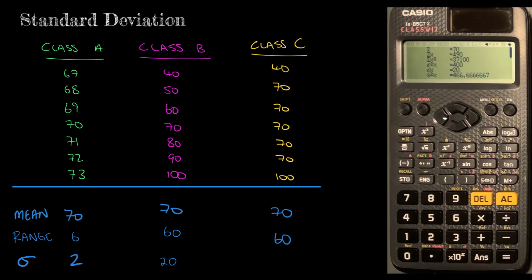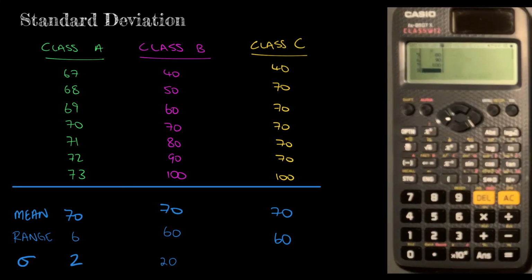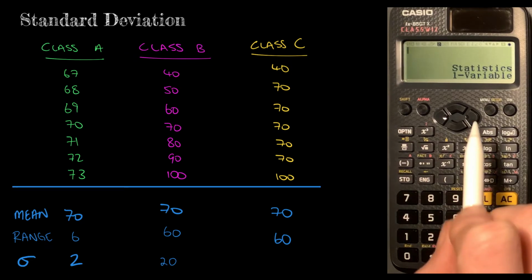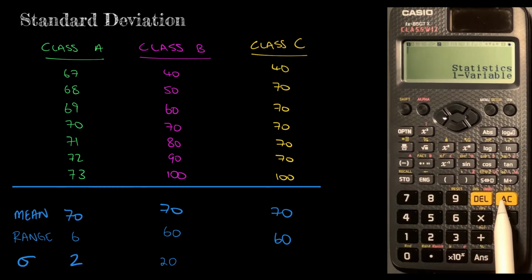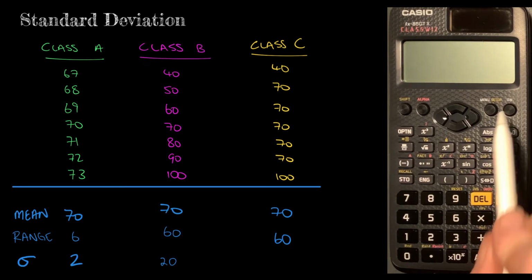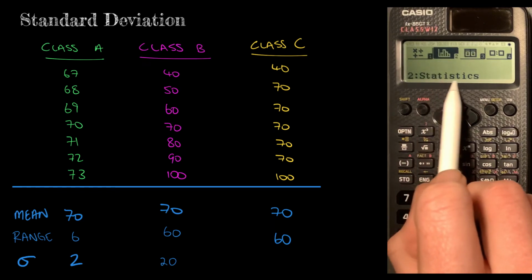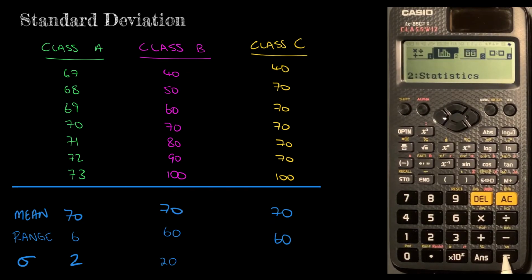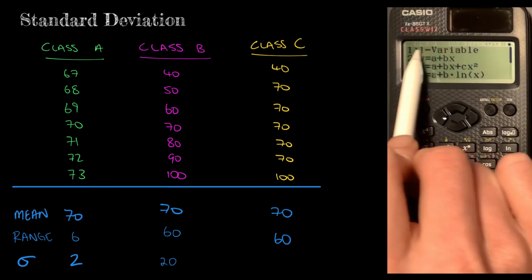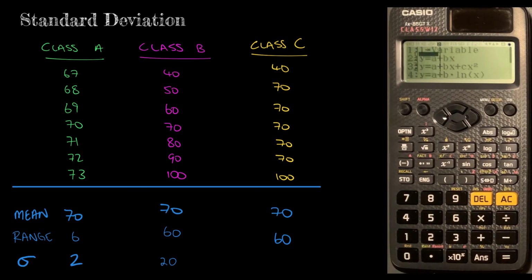So for the last one there, we'll do the same thing again. All clear, all clear. Might be an idea to turn off the calculator, turn it back on just to make sure that everything's cleared. Okay, and then press menu. Statistics is what we're looking for, so press OK, or equals even. We want one variable calculation, so we put in one variable, which is 1. And then we just put in our variables.